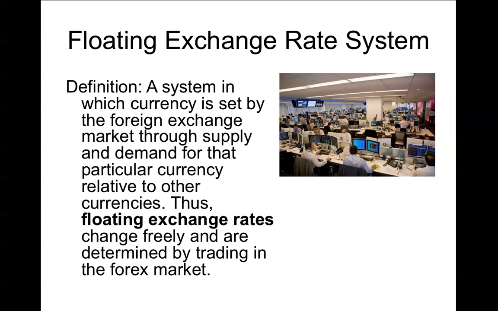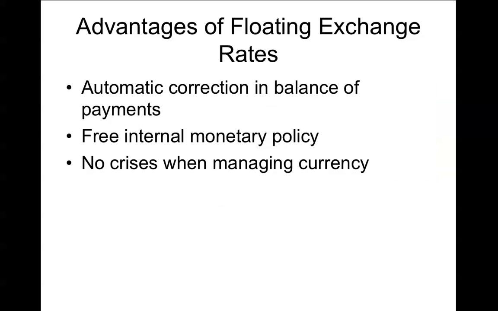Now, there are two types of exchange rate systems. There's a floating exchange rate system, which means that a currency is only set by the foreign exchange markets through supply and demand for that particular currency. Thus, floating exchange rates change freely and are determined by trading in the forex market. The supply and demand curves that we've seen before are basically how a floating system works.